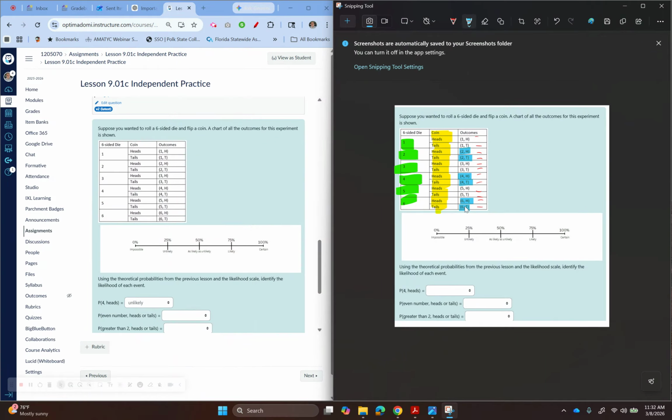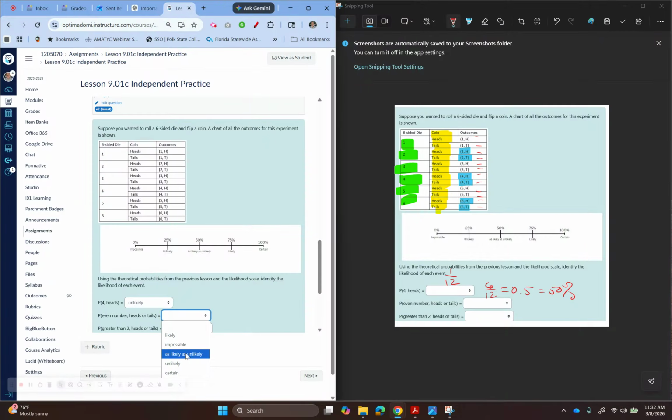So you can see I highlighted all of them. And how many do you have? You have 6 out of 12. Okay. So the first one was 1 out of 12. The second one is 6 out of 12, which is 0.5 or 50%. So what does that mean? That you have an even chance to roll a die and get an even number, and then heads or tails. So as likely as unlikely.